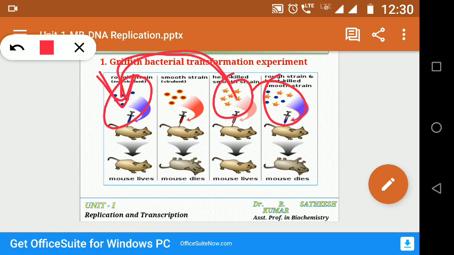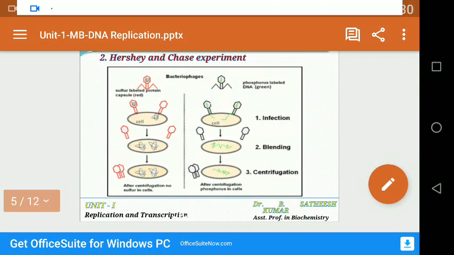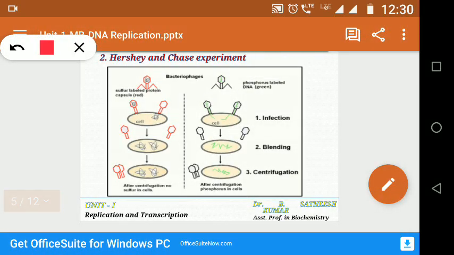Nucleic acids are the genetic material. So they proved it with evidence. After that, we have one more experiment that visualized that the presence of nucleic acids is very essential for the life cycle of bacteriophages.